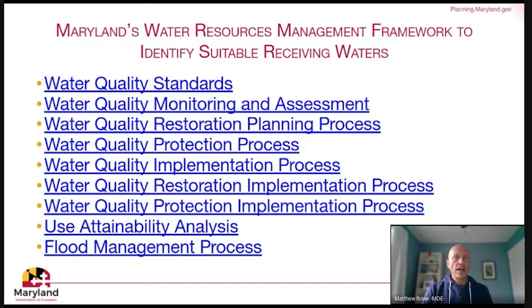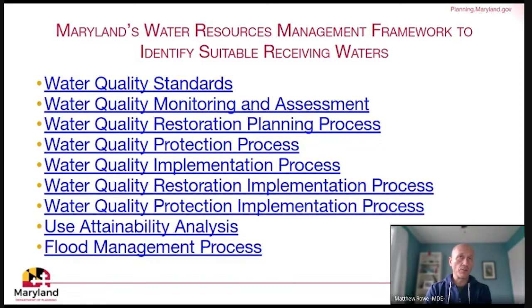Use attainability analysis, I won't talk about so much, but there is a process in the Clean Water Act, just to say that if you can't meet the water quality standards in a given area, it's not achievable for different reasons, there is a process by which you can lower the standards but you have to go through a public process, but just to say that there is a mechanism there.